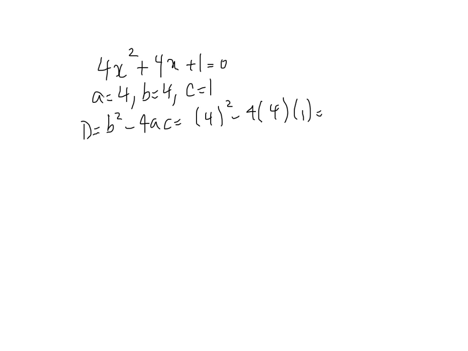Now 4 squared is 16, minus 16 is going to give you 0. Since our determinant is 0, there is only one solution. Although when you solve it, you will get 2 solutions, both of them are equal.